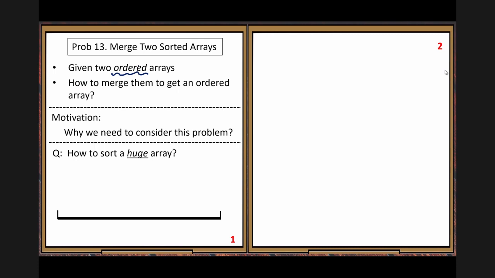So the question: how do you sort that super big array? You have to modify your algorithm. Think about that.